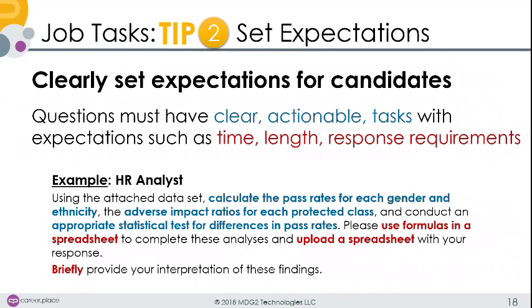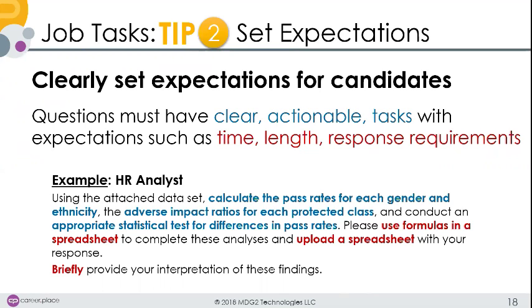Our next tip is to talk about setting expectations for your candidates. Be clear about what you're expecting from them. If you're only looking for a few paragraphs as a writing sample, communicate that so the candidate knows not to overwrite. Conversely, if you're expecting a lengthy response to your question, communicate that as well so the candidate knows to budget time appropriately.